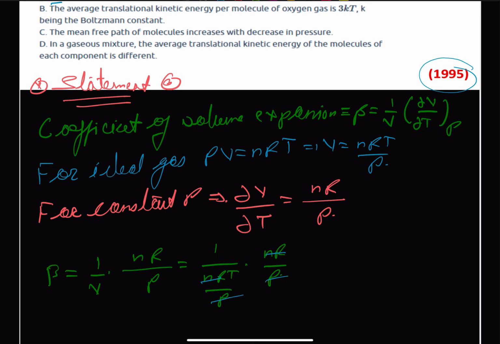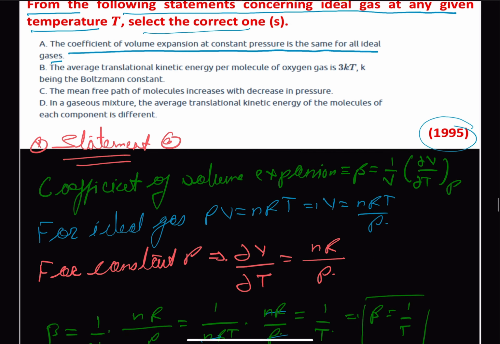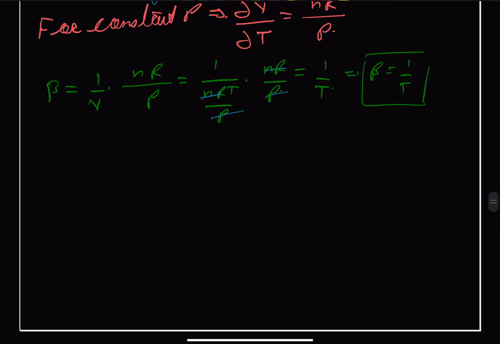So this comes as equal to 1 upon T. So beta is only dependent upon temperature, inversely, and it is independent of everything else. So option A is correct.